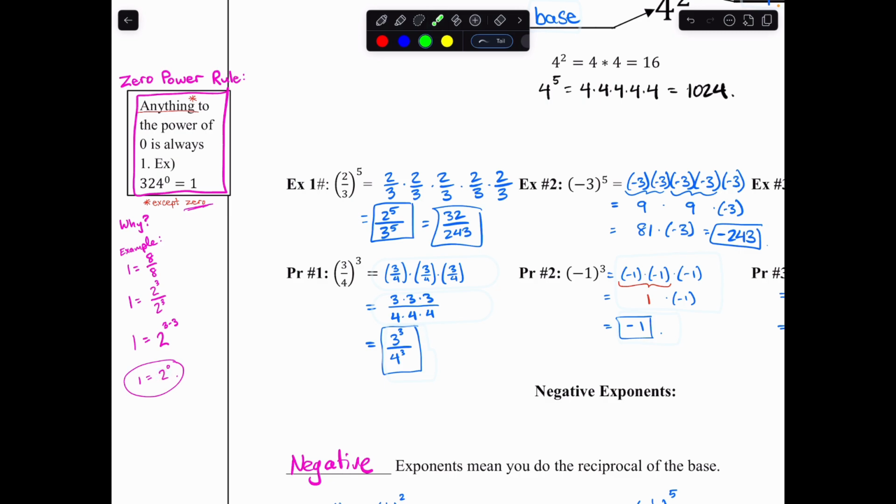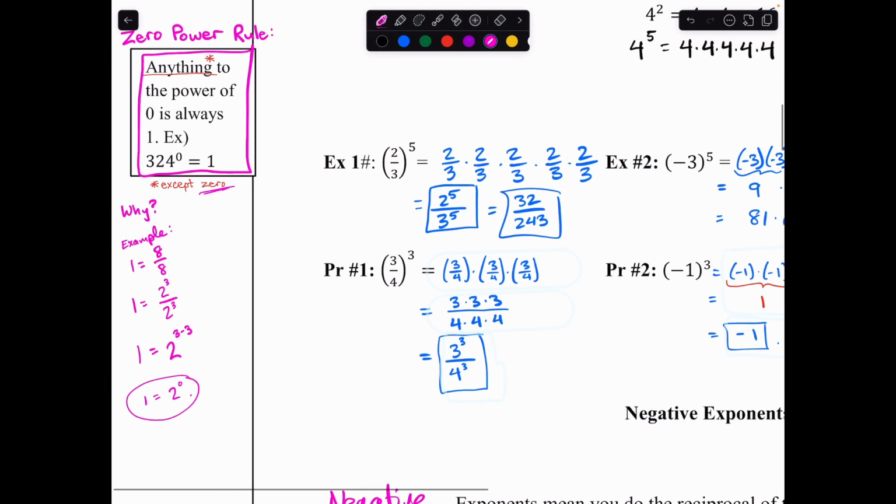I can write anything I want to the 0 power, and using that quotient rule, I can reason that it's got to equal 1, right? So I can say, I don't know, 5 to the 0 power. Well, wouldn't that be 5 to the first power over 5 to the first power? That's 5 to the 1 minus 1. But anything divided by itself is 1, right?